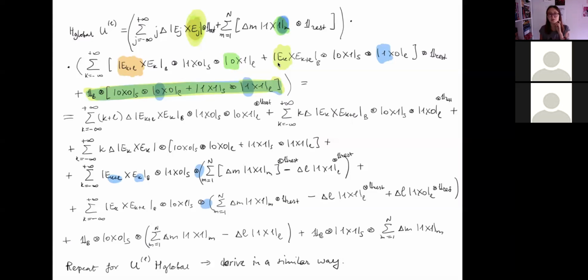But since it's a summation over all k's from minus infinity to plus infinity, it doesn't really make a difference. And also, maybe you need to open this bracket here. So this is just an exercise to make sure that indeed the energy is conserved.